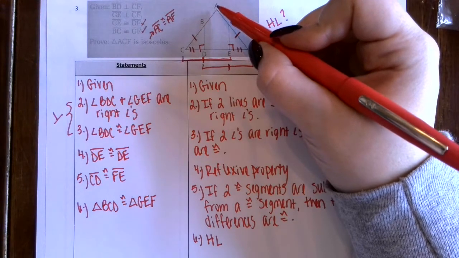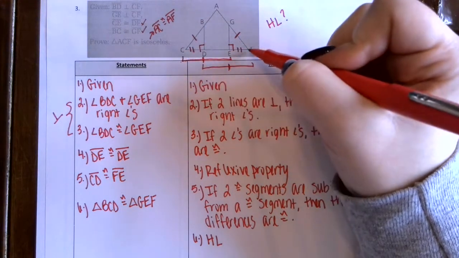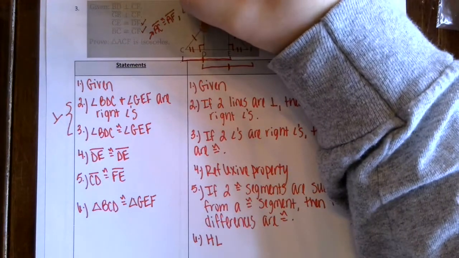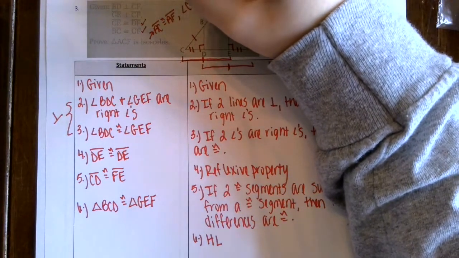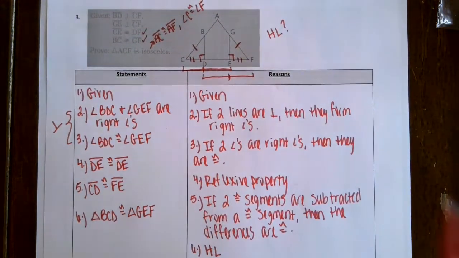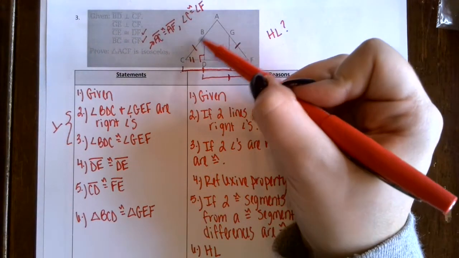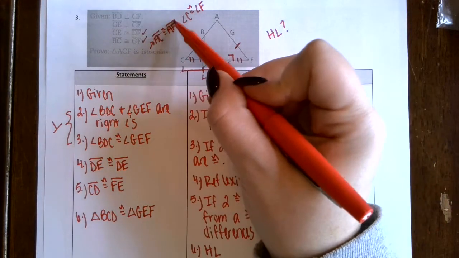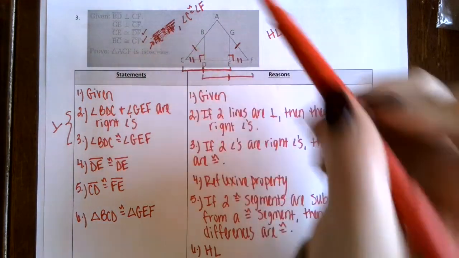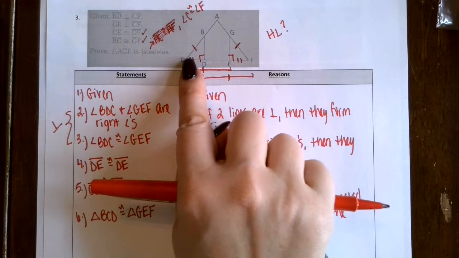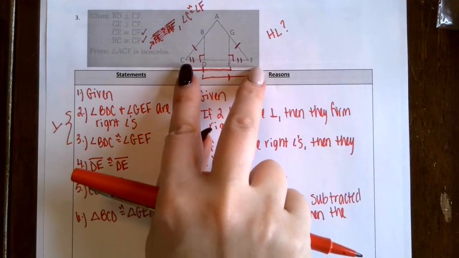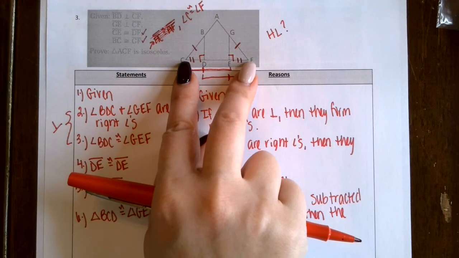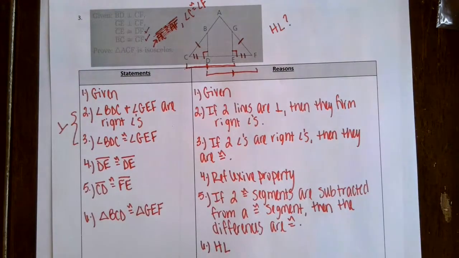And then again, I have to show that this whole side is isosceles. Okay, I can also use base angles being congruent to determine if it's isosceles. So notice I don't know this whole side, I only know this little piece. So this is not going to be enough, but I do know these triangles are congruent, and I would know then these angles, these base angles would be congruent by CPCTC.